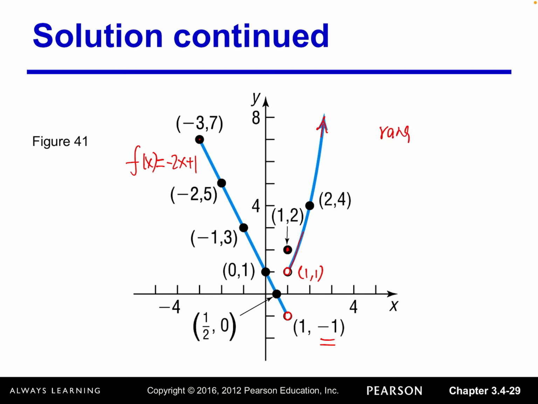The lowest y should be 1, but not included. And the highest point goes to infinity. So the range is from 1 to positive infinity. And the domain, as we talked about earlier, is from negative 3 to positive infinity.